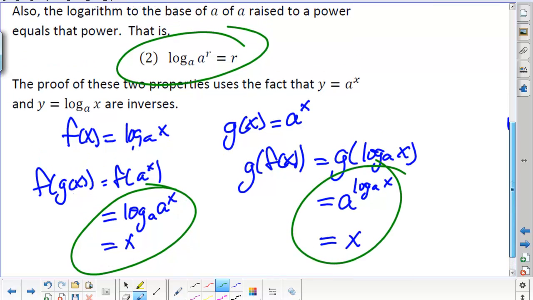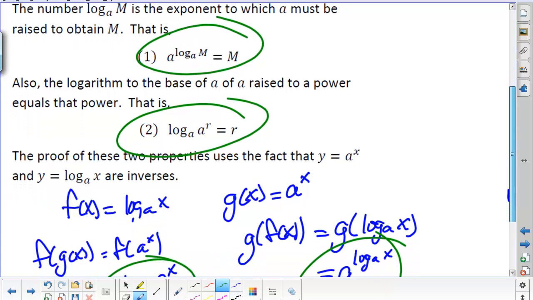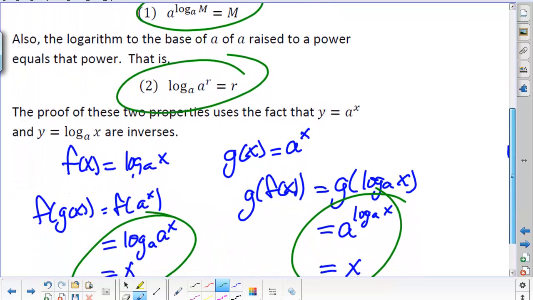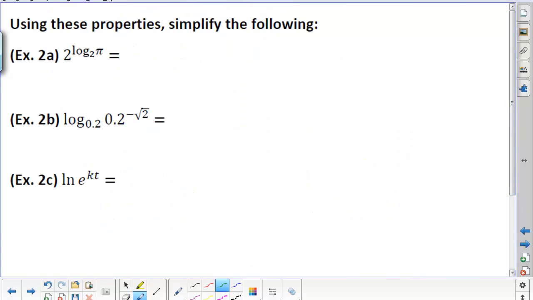Same thing here, if we take this and replace the x's with m's, we get this guy, right? So those are equivalent, and that shows that those two properties are true. The way we can use those is to help simplify some logarithms. If you have a base of 2, and this exponent is a base 2 logarithm, essentially those cancel out, and so the result's just going to be pi.